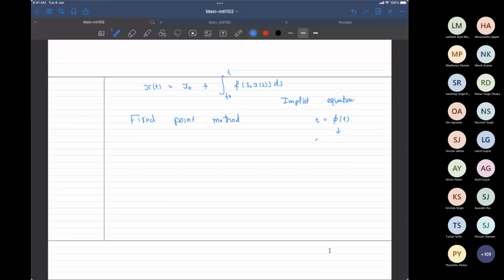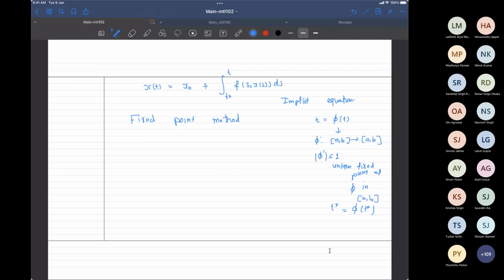If phi maps [a,b] to [a,b], and if phi prime is less than 1, then there exists a unique fixed point of phi in [a,b], and fixed point here means that t star is equal to phi of t star. So that will solve the problem, and these were the conditions.